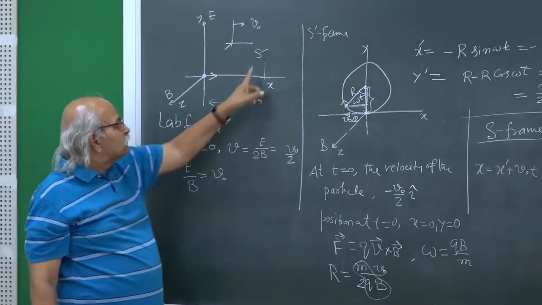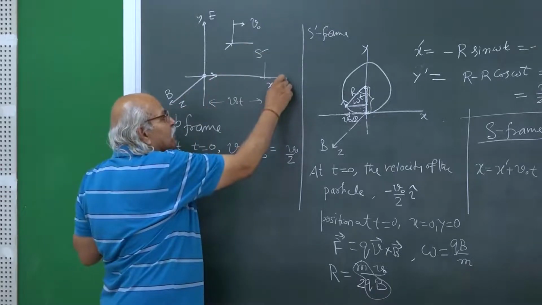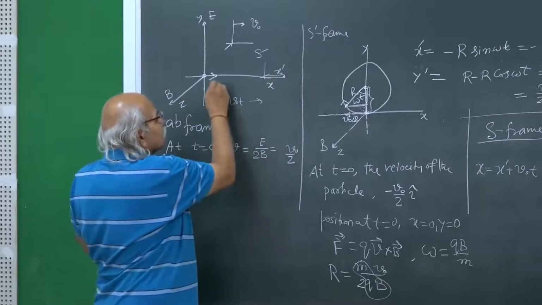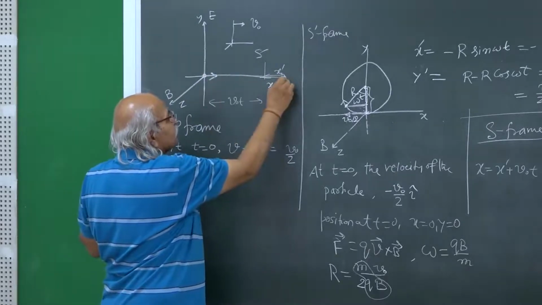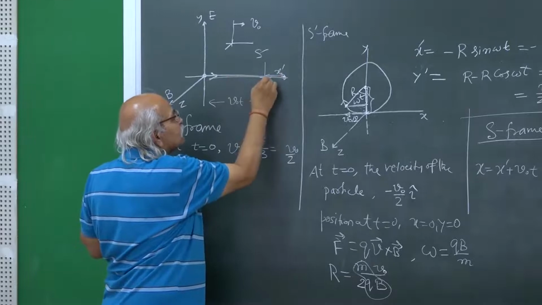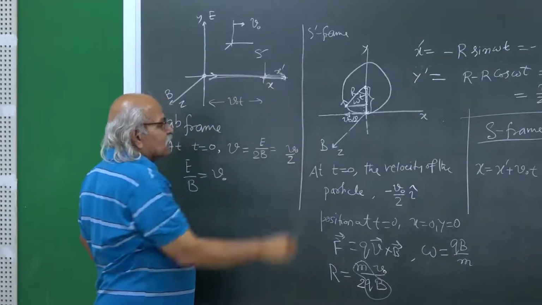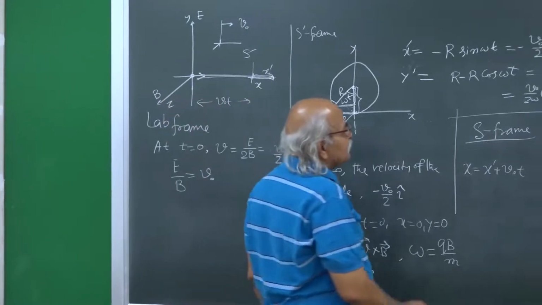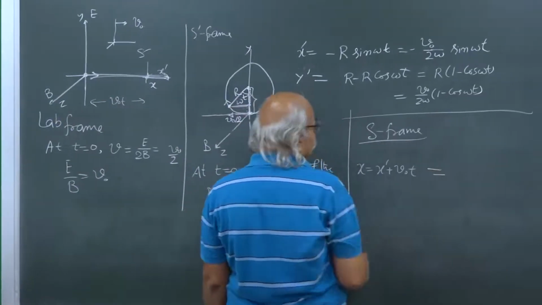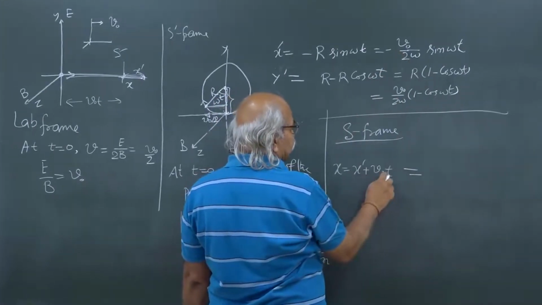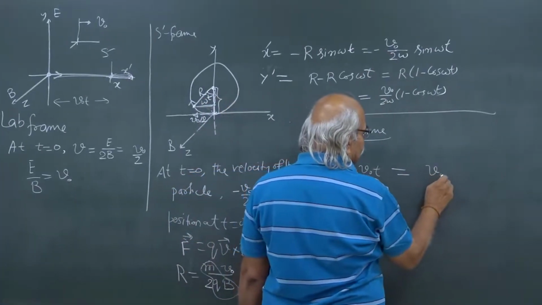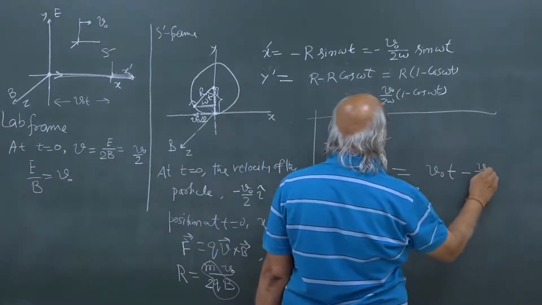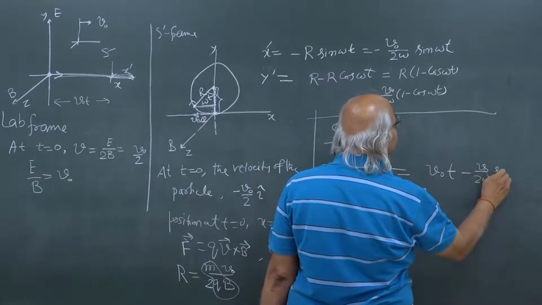And therefore, if from this frame the particle is here and the coordinate is x prime, then this x from here, this x will be this v naught t and then plus this x prime. So, x is x prime plus v naught t, that means it is v naught t minus v naught by 2 omega sin omega t.